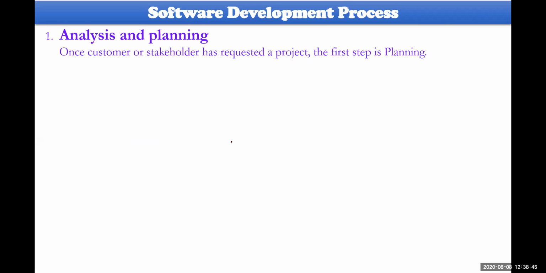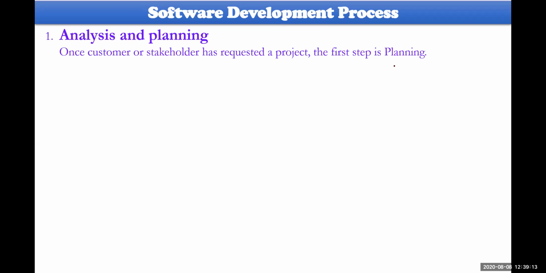This software development life cycle, otherwise a program development life cycle, comes to your notice when any client or any end user or any stakeholder comes forward to you, since you are a software developer, and asks you to develop this particular project or convert my manual system to a computer system.